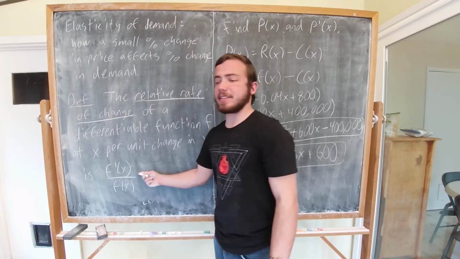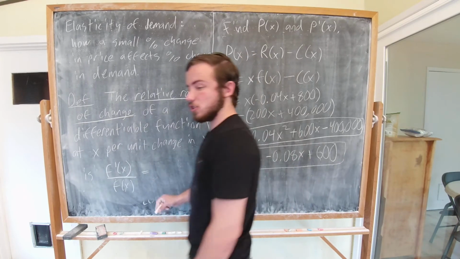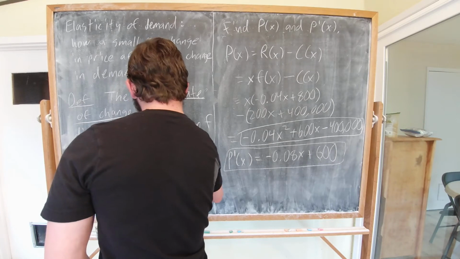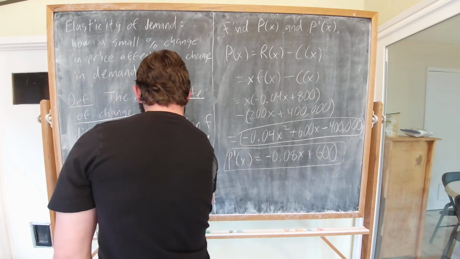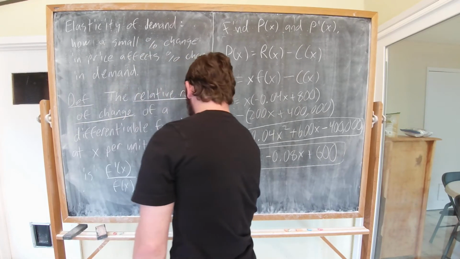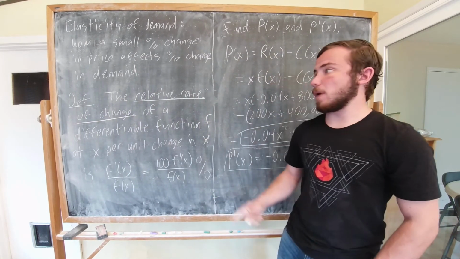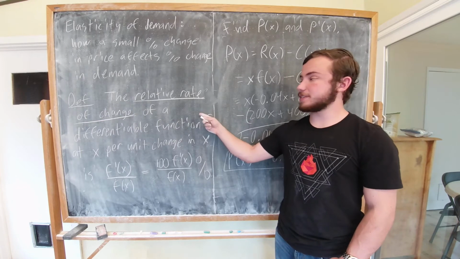And rewriting this as a percent, this is just 100 f prime of x over f of x percent.